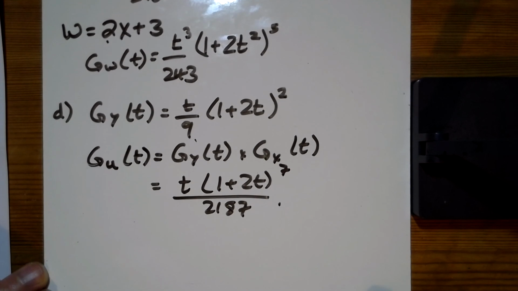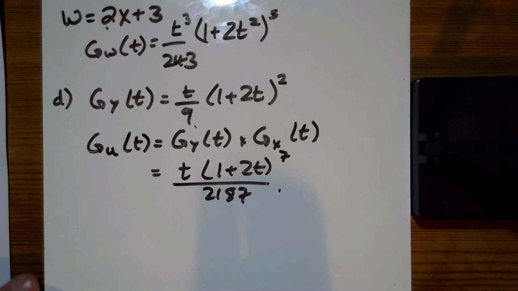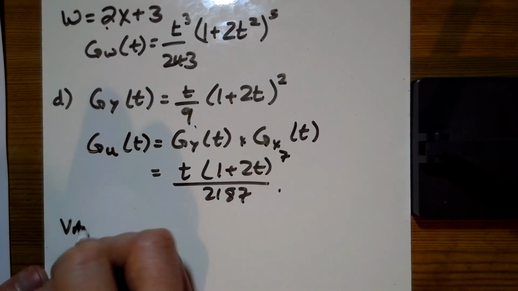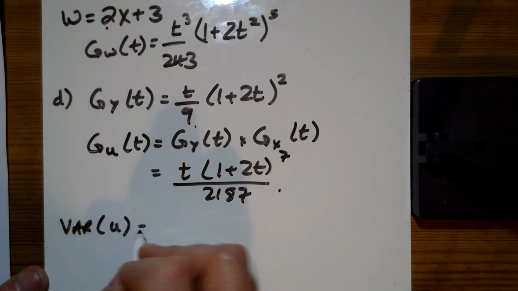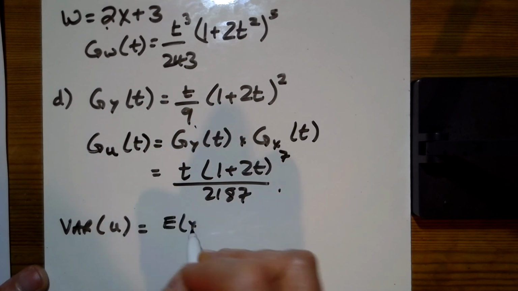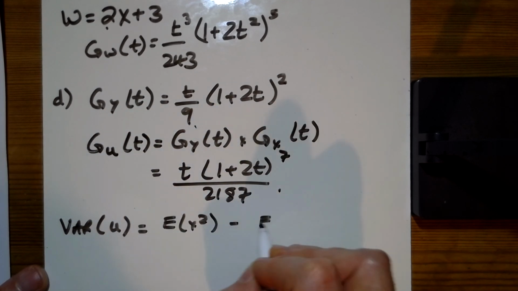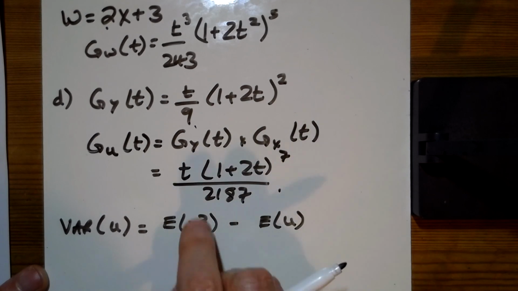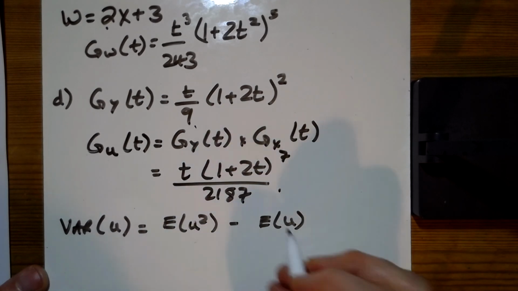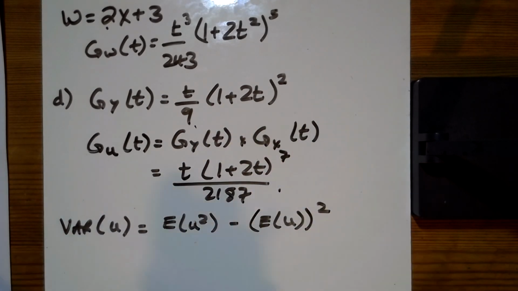And then it says use calculus to find out the variance. So what we're going to need to do here is to find the variance of u. We remember it's the expected value of u squared, take away the expected value of u all squared.